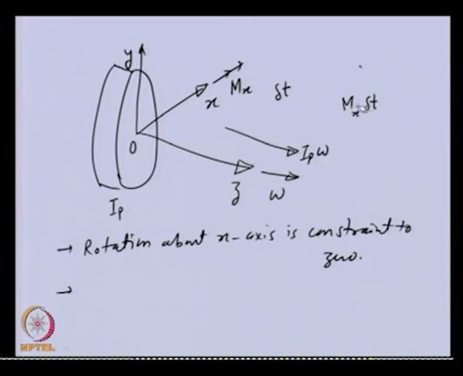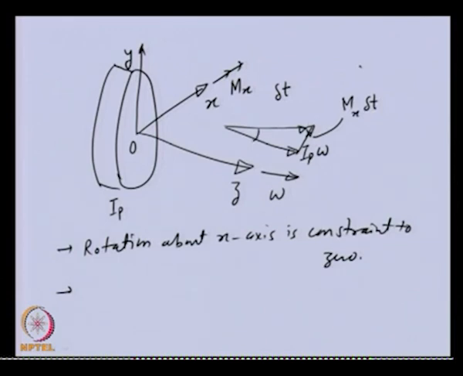This change in angular momentum would be in the direction of the moment applied, which will be along the x axis. To close this vector, we have drawn this line.